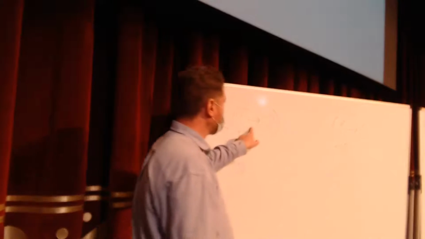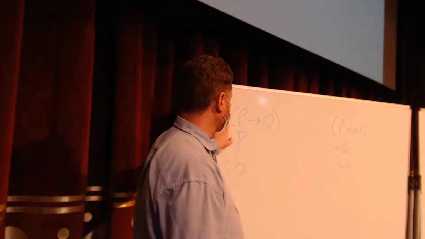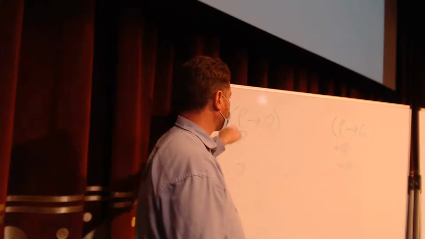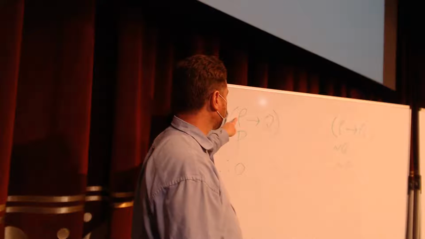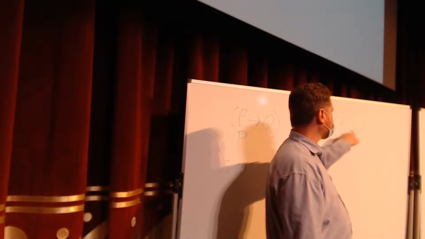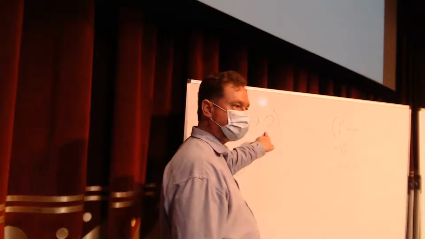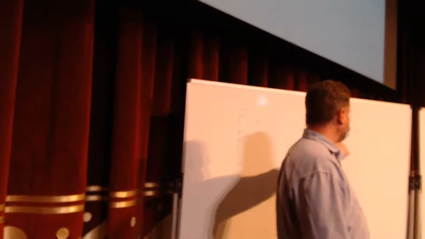So when you see an arrow statement, you've got two ways to use it. Remember, no negation, but a non-negated arrow statement. You either need to match the left side to get the right side, or you need the opposite of the right side to get the left side. Those are your two options. And matching the right side doesn't get you anything, and negating the left side doesn't get you anything.